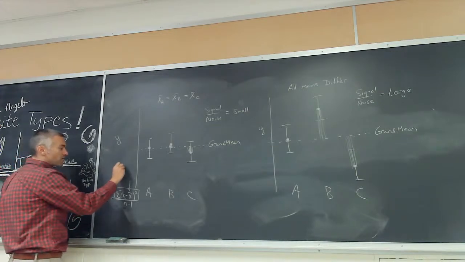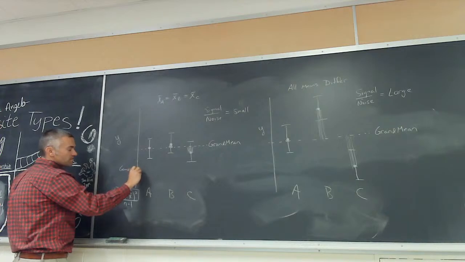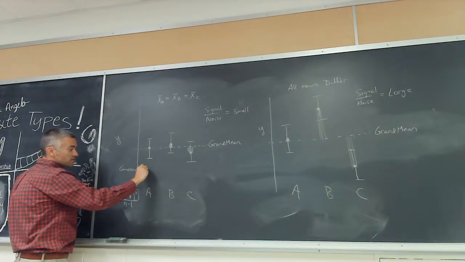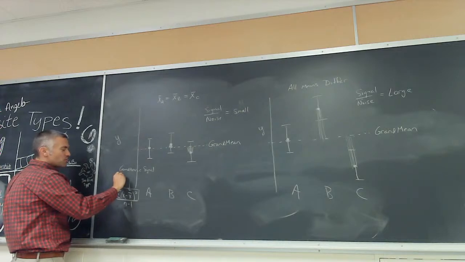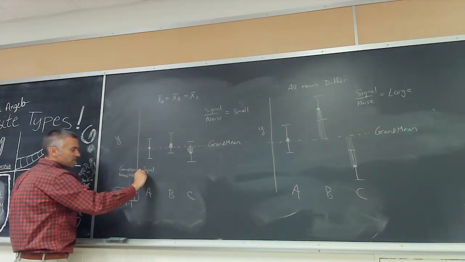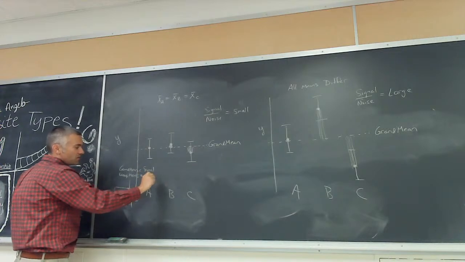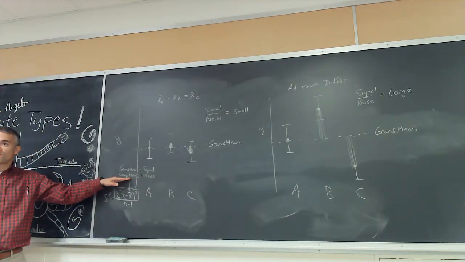That value can be the grand mean, which represents our signal, or it can represent our group means, which is our noise. Now you could say, well, hold on, we've got 3 different groups, so which group means do we use? Well, we're going to use all 3.